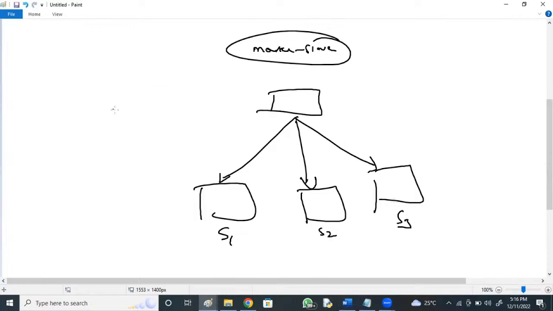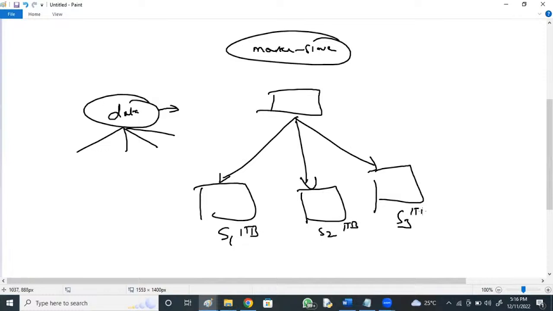Your Spark data object, your data, is going to be divided into multiple partitions. You think it's a bigger data object. Assume each system has 1 TB capacity.